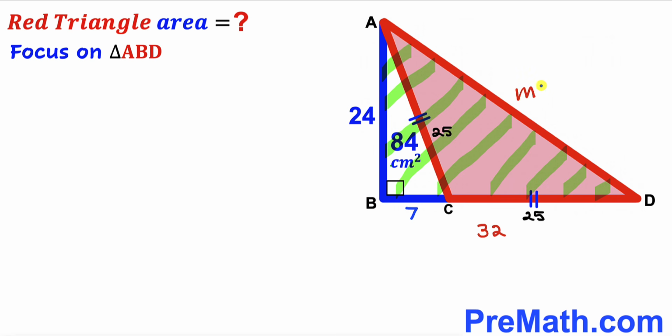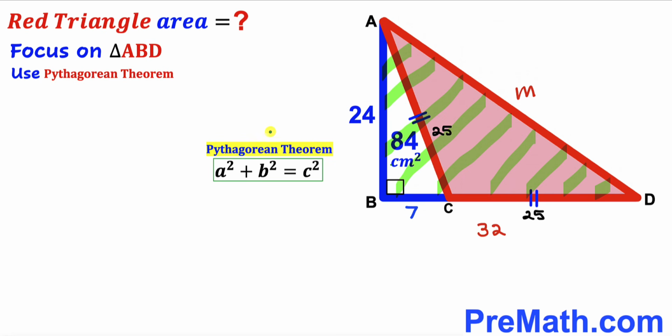Our task is to find the value of m. So we are going to use the Pythagorean theorem as well. Here's our Pythagorean theorem once again: a square plus b square equals c square. Our hypotenuse is lowercase m, whereas our two other legs are 24 and 32.